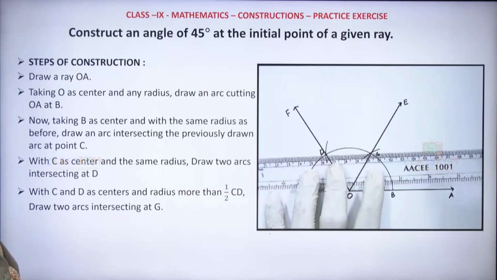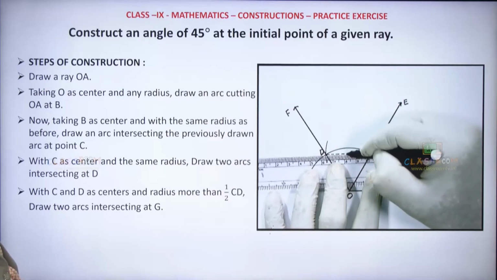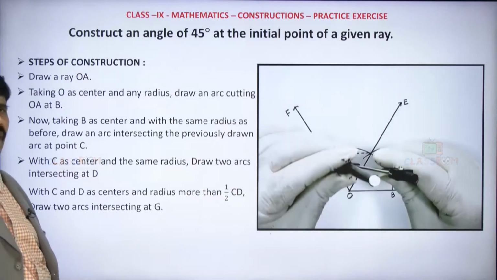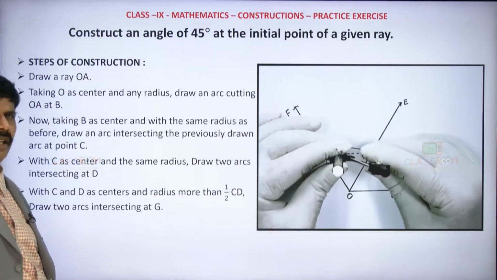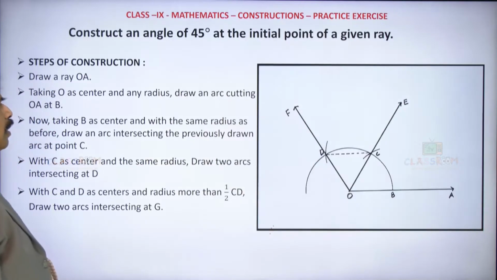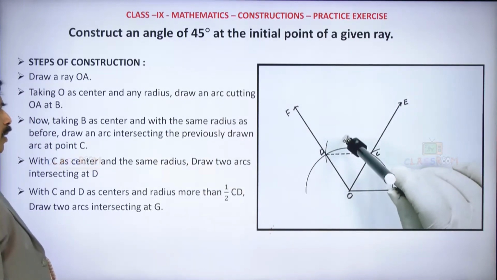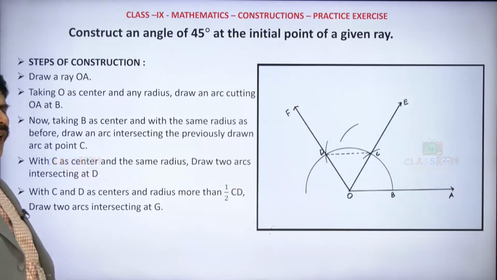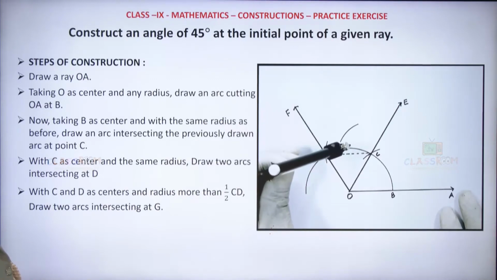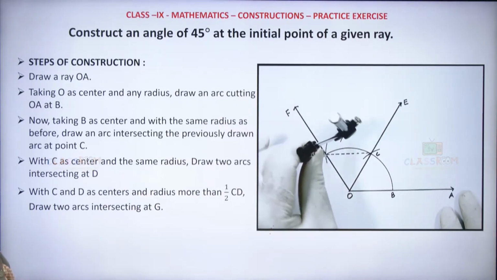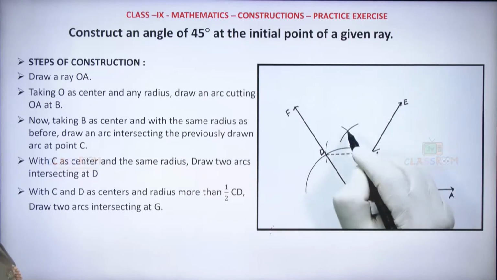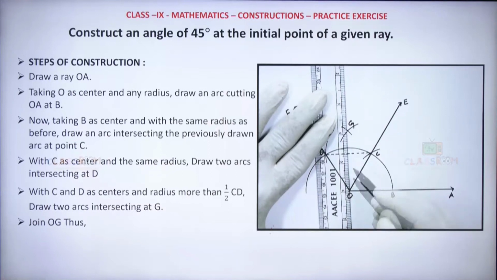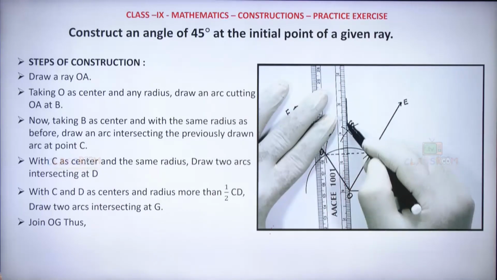Now with C and D as centers and a radius more than half CD, draw the two arcs, one from C and another from D. These two arcs are intersecting each other at G. Now join OG.